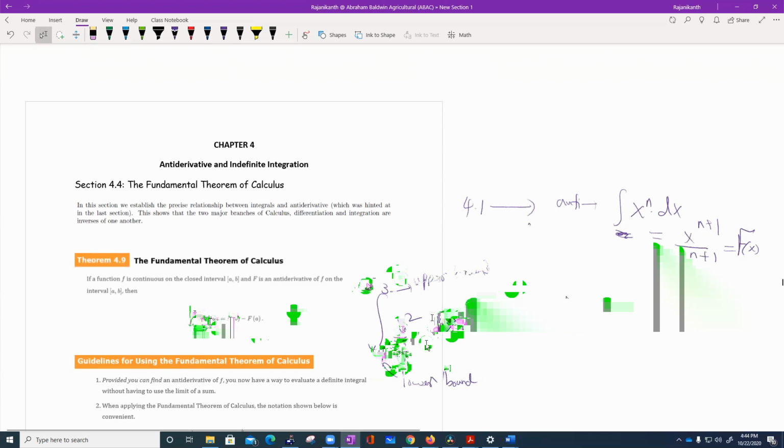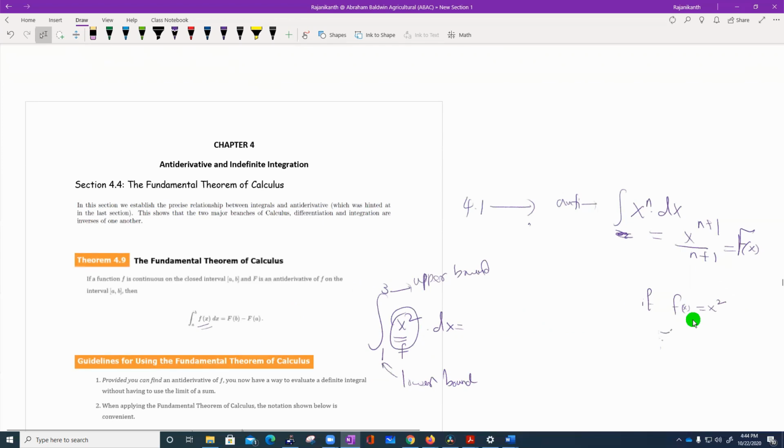First, find the antiderivative of x squared. If little f of x is x squared, then according to our notation, big F of x is the antiderivative of little f of x. The formula says the antiderivative of x squared is x cubed over 3.